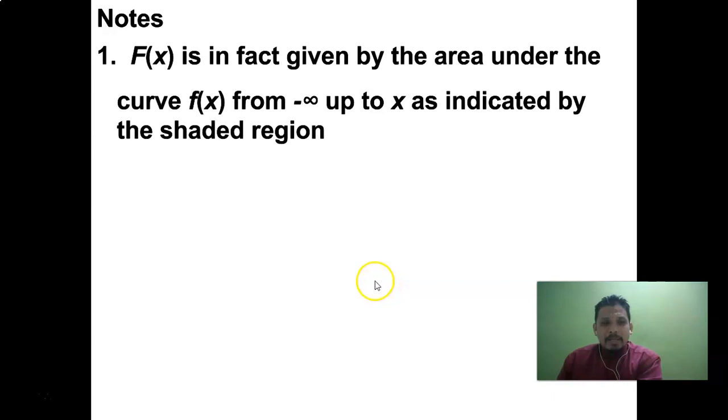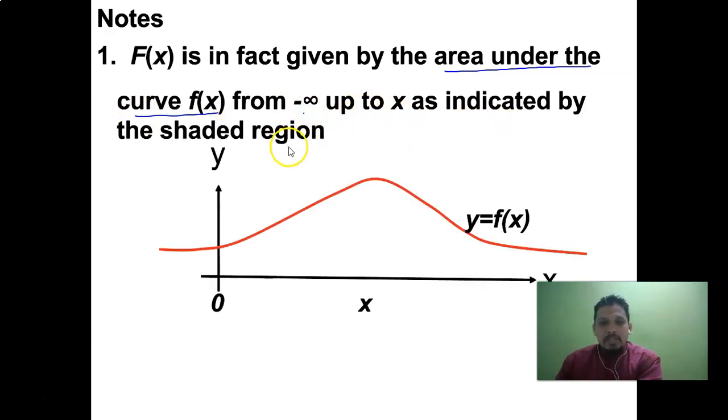Okay, so F(x) is in fact given by the area under the curve of f(x) from negative infinity up to x, indicated by the shaded region.